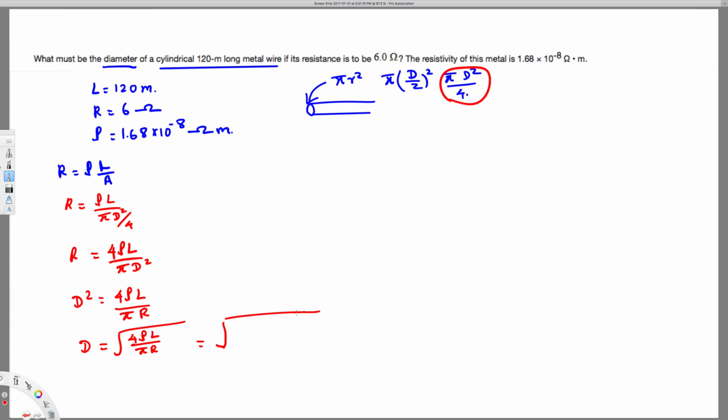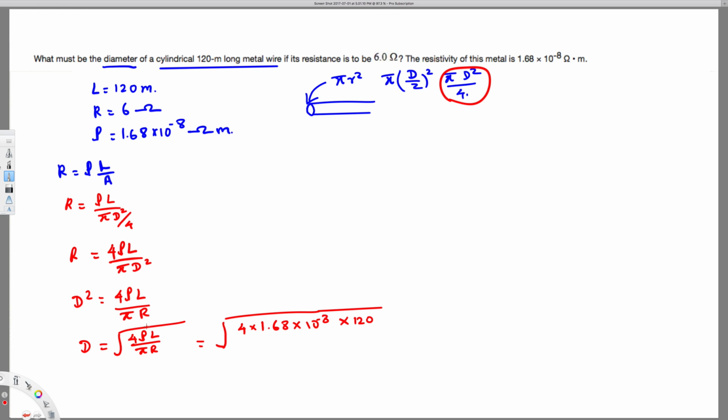So here we are going to have 4 times rho, that is 1.68 times 10 to the power of minus 8, times L, that is 120 meter. Let's get rid of the units for now. As long as everything is in SI units, the final answer is going to be in meter, right?